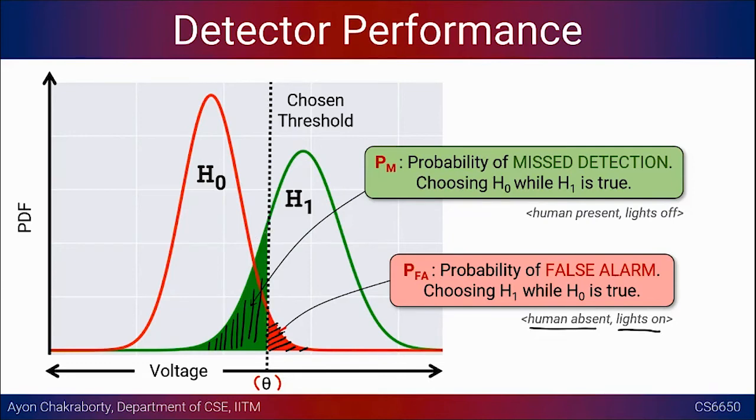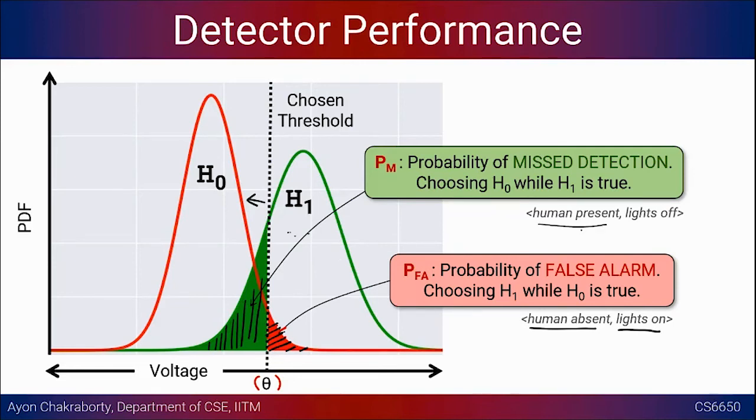But you will miss some of the detections, because the values will be on the left hand side of the threshold, and you are going to conclude that the person is absent because these values are lesser than the threshold. How frequently will this happen? If you look at this model, it is the percentage given by the area under the curve in the misdetection region. This much of the time, H1 is true, but you will choose H0 because your value is less than the threshold. What can you do? The threshold is already chosen. So the human will be present.